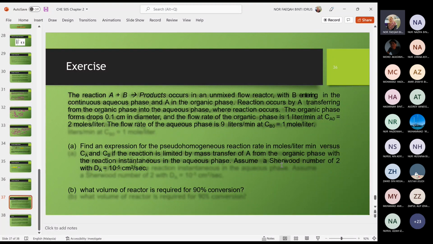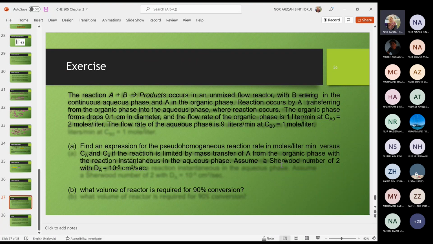It gives the Sherwood number equal to 2. Remember in chapter 1, when Sherwood number equals 2, it means mass transfer around spheres, around the drop.